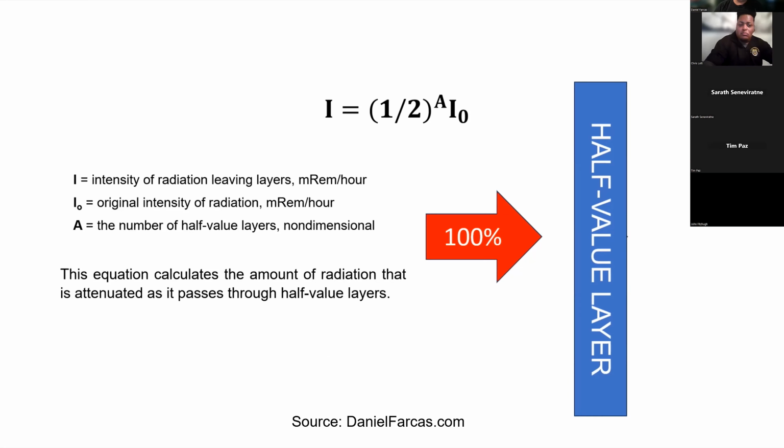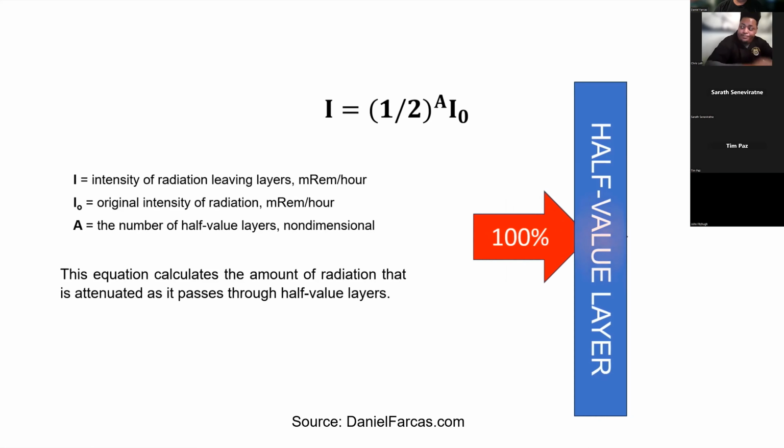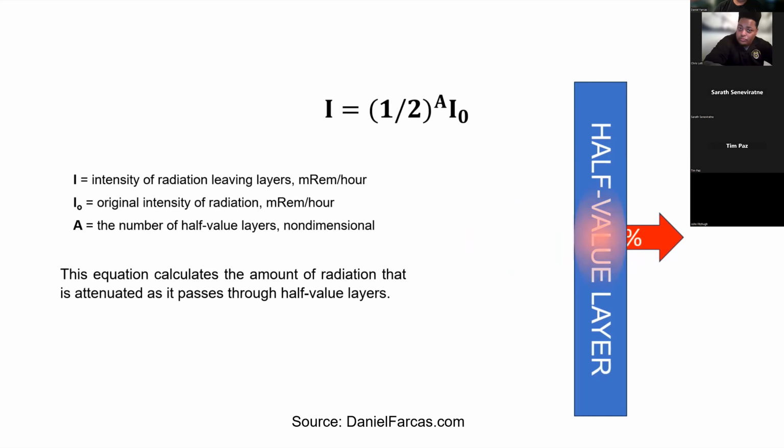As you can see in the animation, a half-value layer is a term used in radiation to describe the thickness of a material that reduces the original intensity of a beam of radiation by half, based on the material's ability to absorb ionizing radiation. This concept is mainly used in radiation protection.